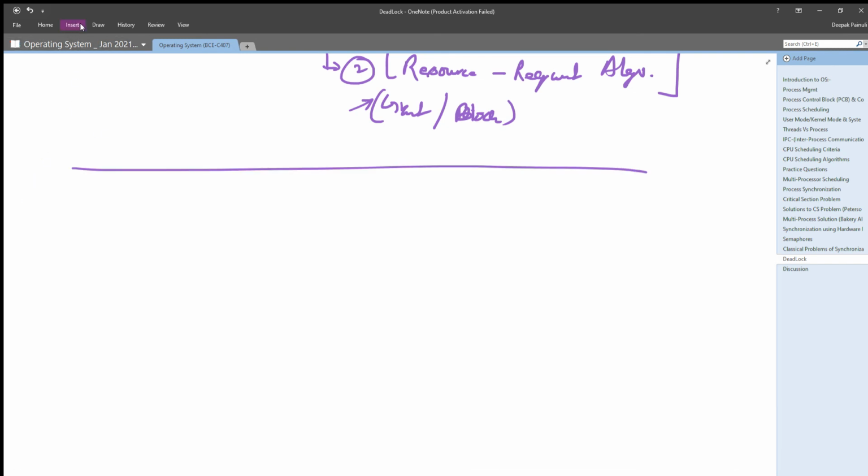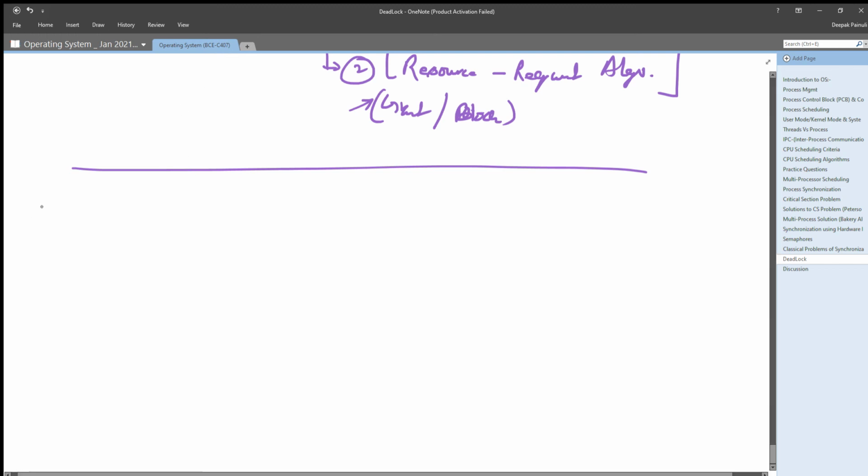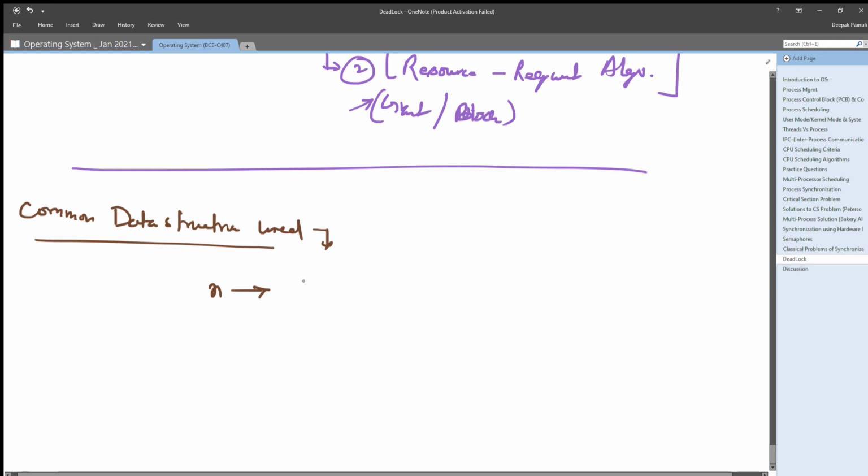So the first one is n. n is the variable used to signify the number of processes in the system.